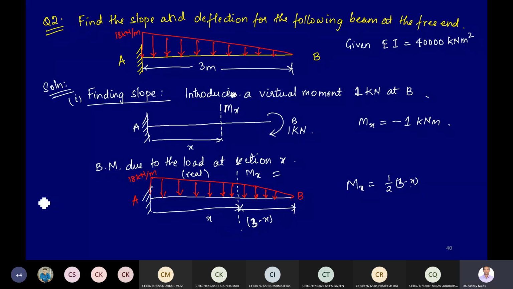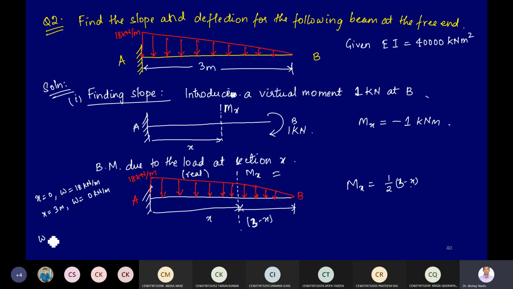Now for X equal to 0, W is 18. And for X equal to 3, W is 0. So how does W vary for X equal to X?